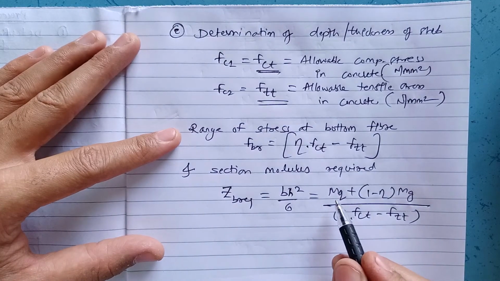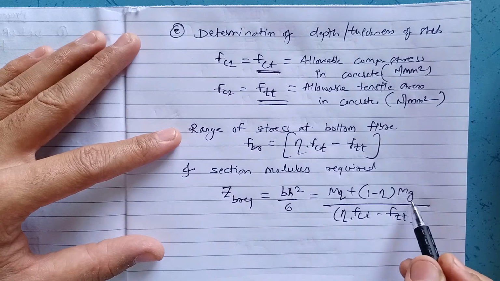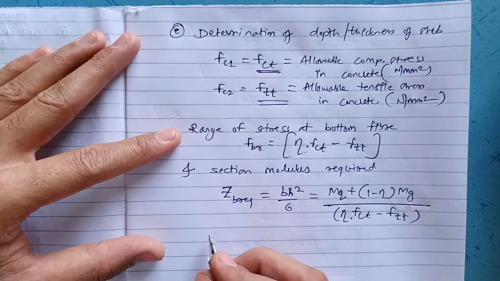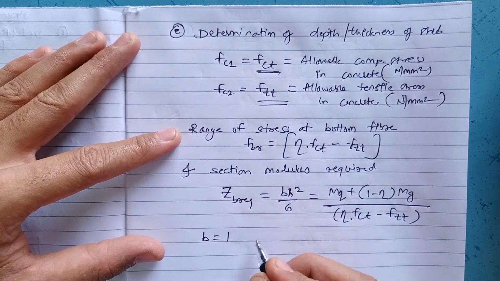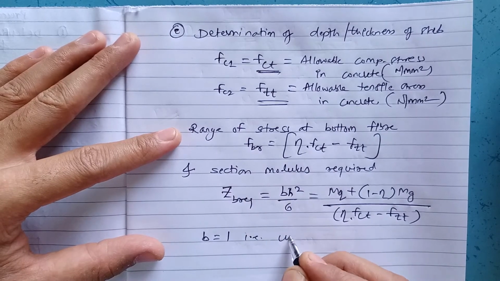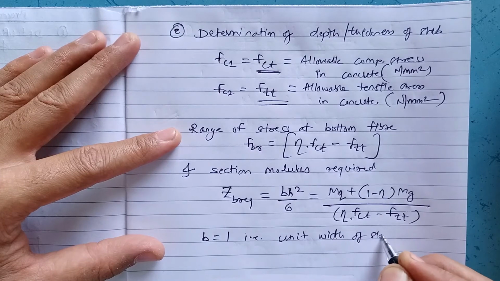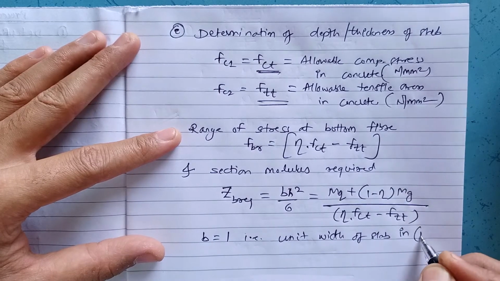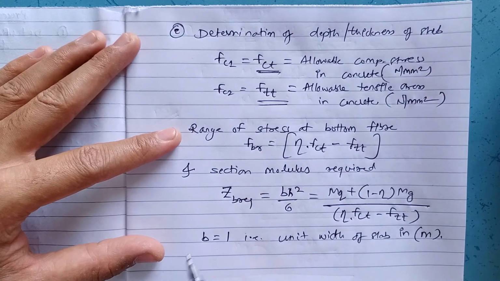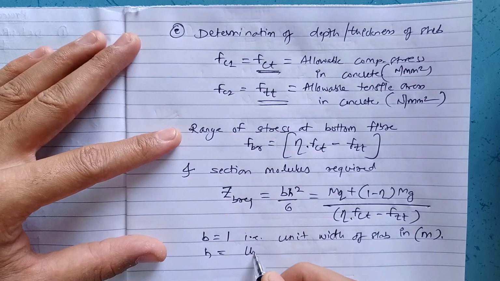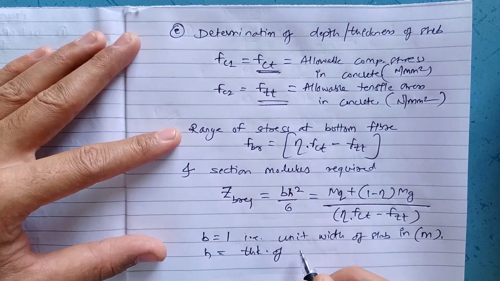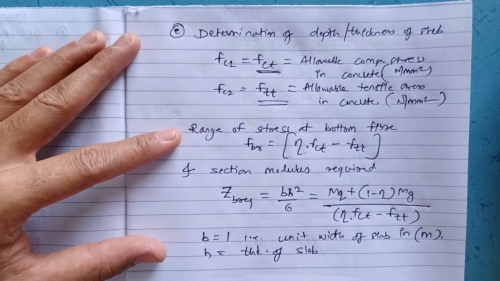Here MQ is nothing but moment due to live load intensity, mg is nothing but moment due to dead load intensity, where B is nothing but 1, that is unit width of slab in meters, and H is nothing but thickness of slab.